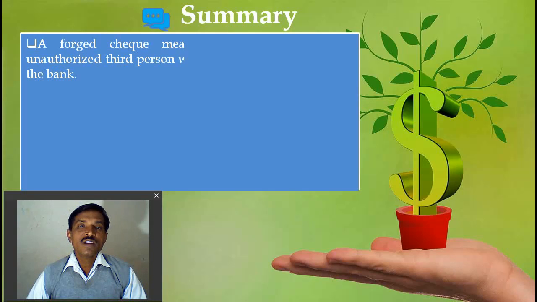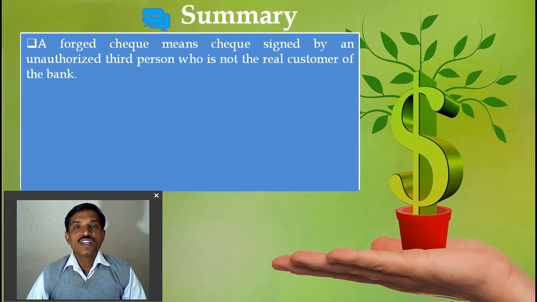So, the summary of this lecture, what we are looking at in this video. A fraud check means a check signed by an unauthorized third person who is not a real customer of the bank, and they intentionally make a duplicate signature on the check for cheating or fraud. It's called a fraud check.